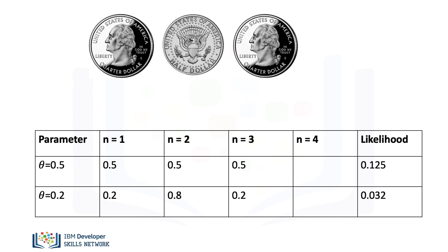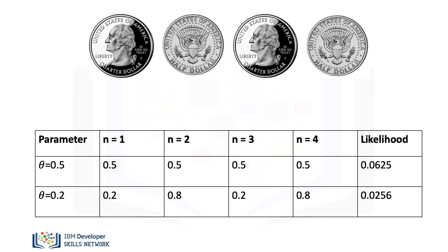For the third flip, we observe a head again. The likelihood value for the parameter theta equals 0.5 is 0.125, and the value for the parameter 0.2 is 0.032. Finally, for the fourth flip, we observe a tail. Thus, for this sequence, the likelihood values for the 2 parameters equal 0.0625 and 0.0256 respectively.